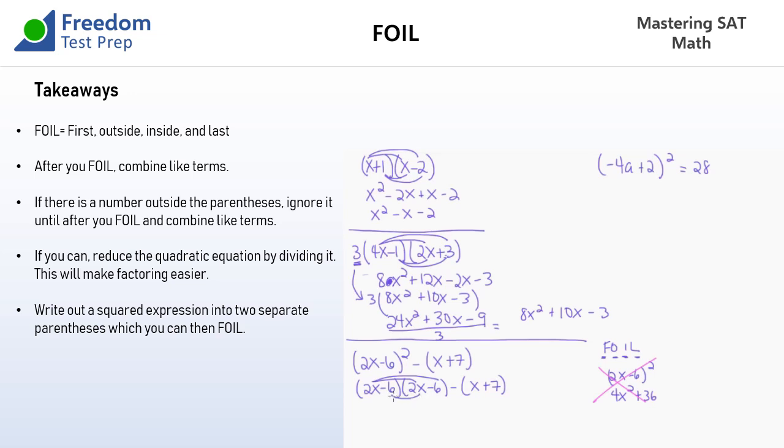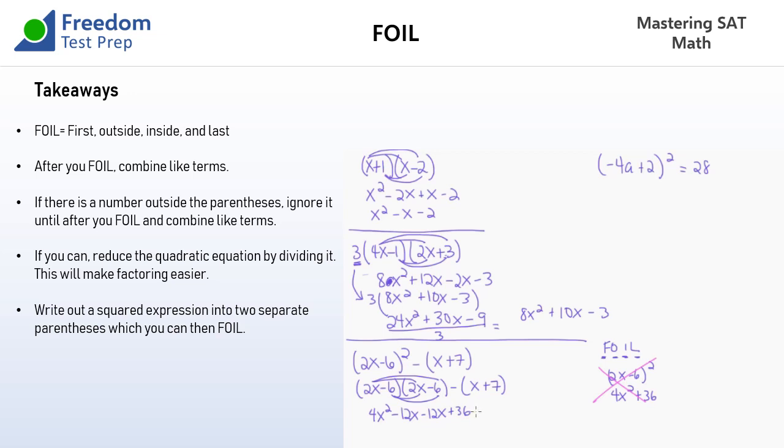This is all about sharpening our foiling skills and making sure that we are on target with our negatives. So 2x times 2x is 4x squared. 2x times -6 is -12x. -6 times 2x is another -12x. And negative 6 times negative 6 is a positive 36.